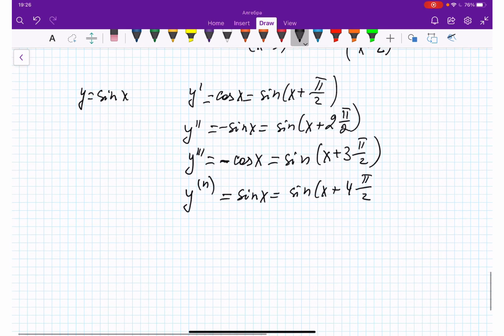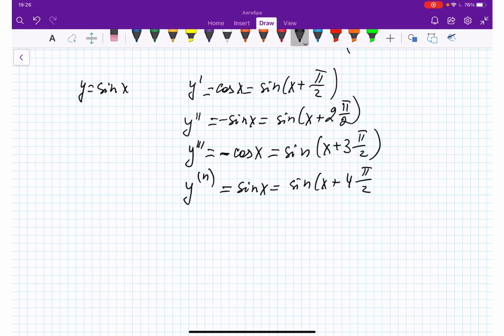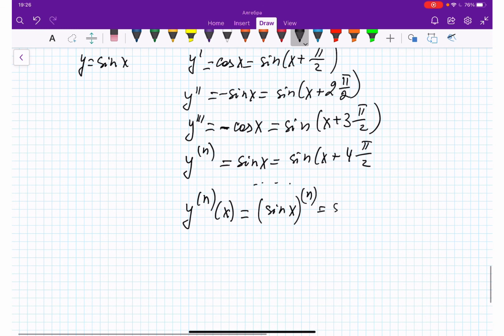So with each differentiation, the sine argument is shifted by half a pi, and therefore we can write down y for the nth order derivative of x, it's going to be sine x, taking the derivative of nth order, and it's equal sine x plus pi over 2 n, right?